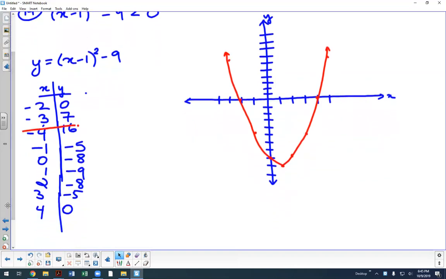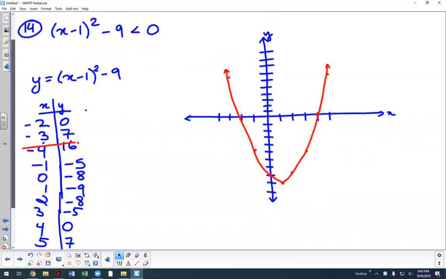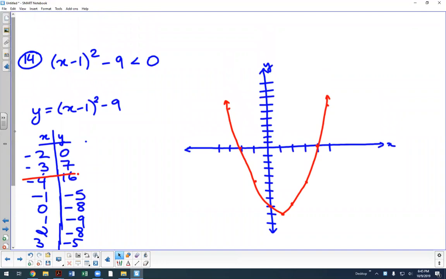So the additional point I added was 5 and 7. Now the idea is, how is this graph going to help us solve this inequality? So remember, we're setting all of this equal to y.